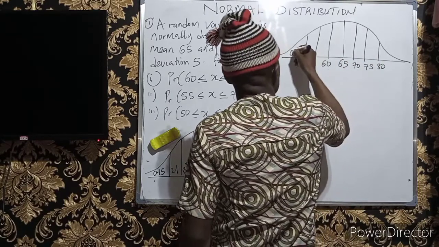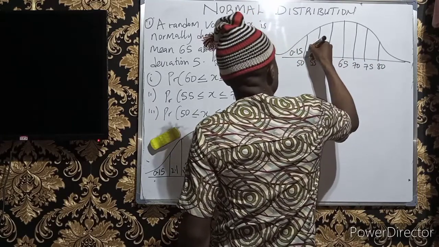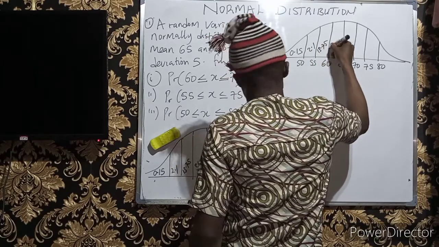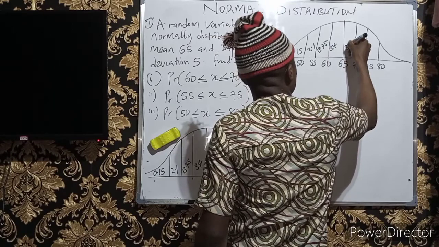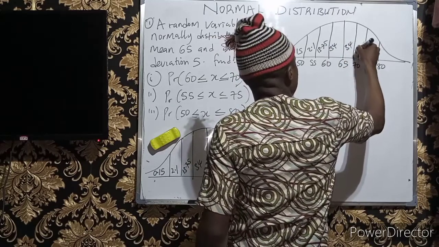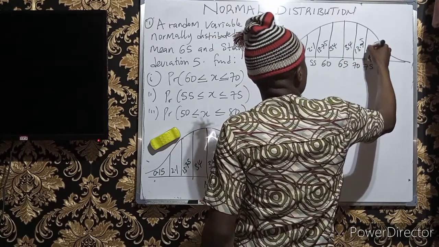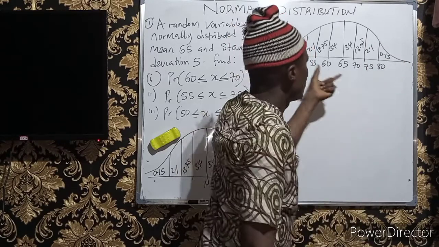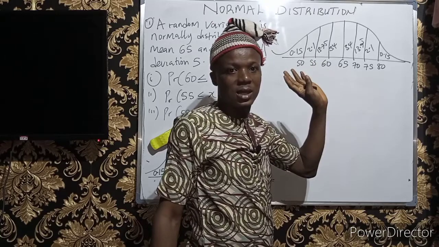Here is always 0.15, here is 2.1, here is 13.75, here is 34, here is 34, here is 13.75, here is 2.1, and here is 0.15. Once you know this, you can answer any question that is asked.